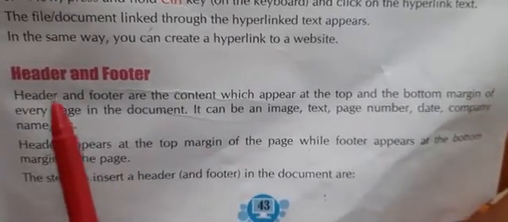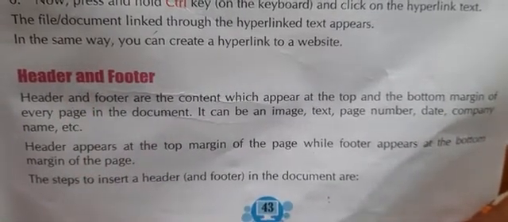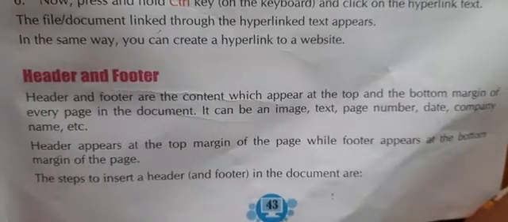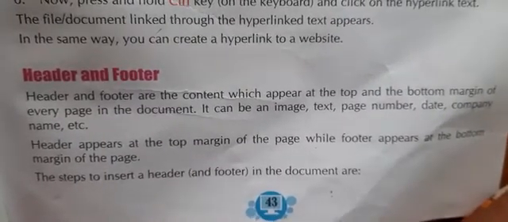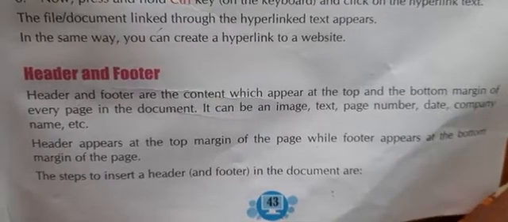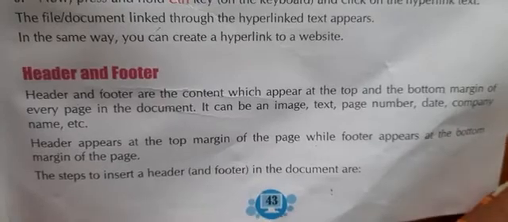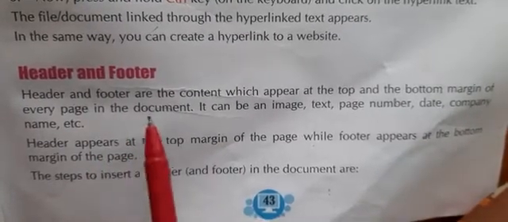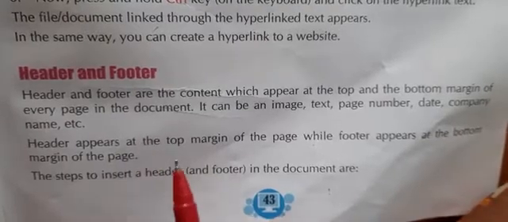First we will start with header and footer. What are the header and footer? Header and footer are content which appears either at the top margin of the page or at the bottom margin of the page. Now what can be the content of the header and footer?